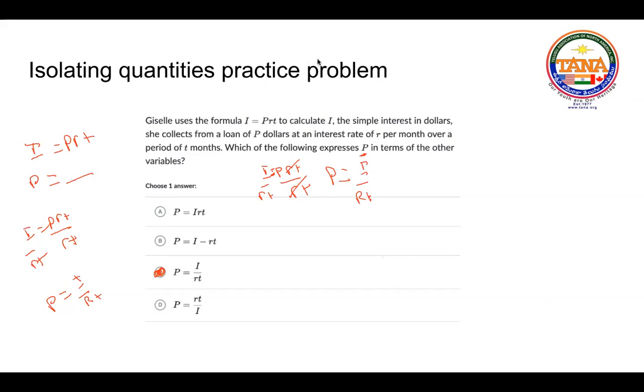Although I'm just going to quickly rewrite that so it looks better. Technically, you don't have to read the entire question. However, sometimes they're going to have a trick question in there, and it's probably better to read it.